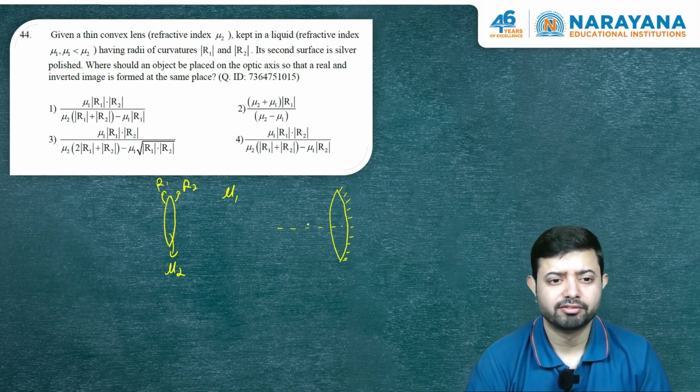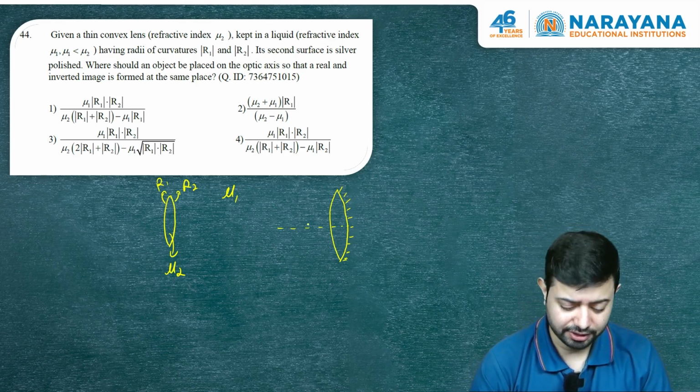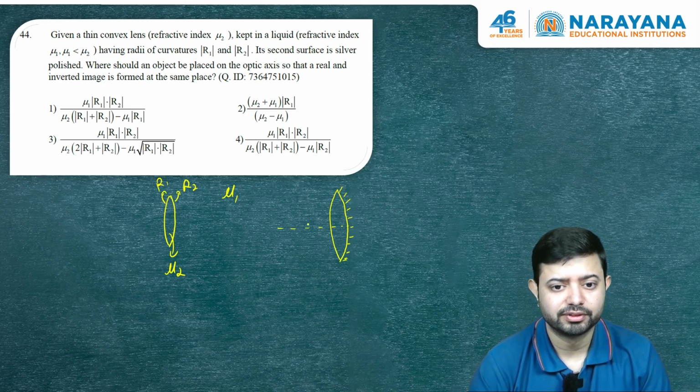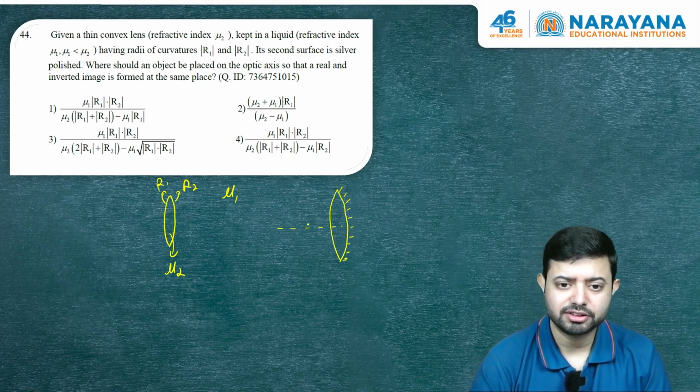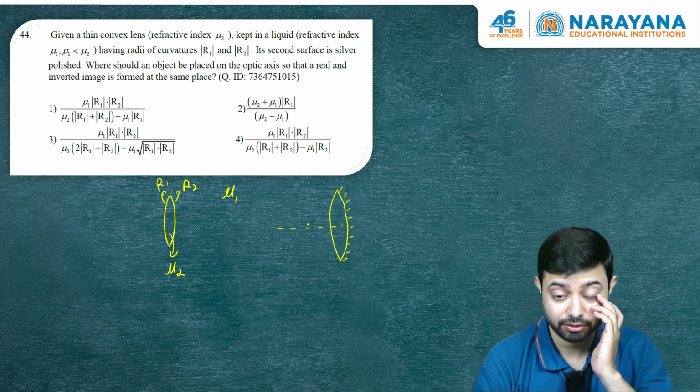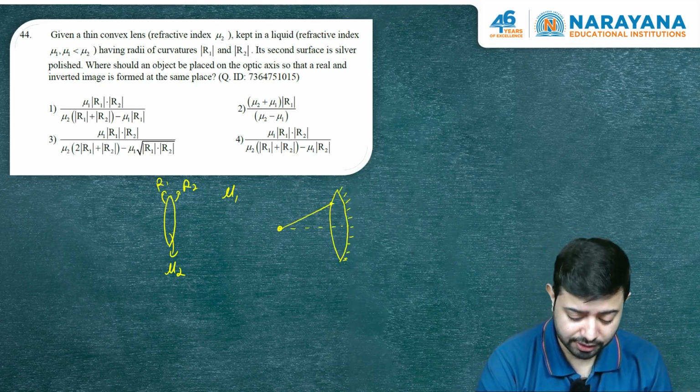You can either go by one refraction, then reflection, then refraction again, right, or you can do it by the help of the total power concept also, right. But I will suggest you one thing, it is a very easy method over here, and that method is this, that if you place some object, right, and once it goes for the refraction from the spherical surface over here, it will bend towards the normal, right, because it is going into optically denser medium. When it will bend, then it will hit the mirror.